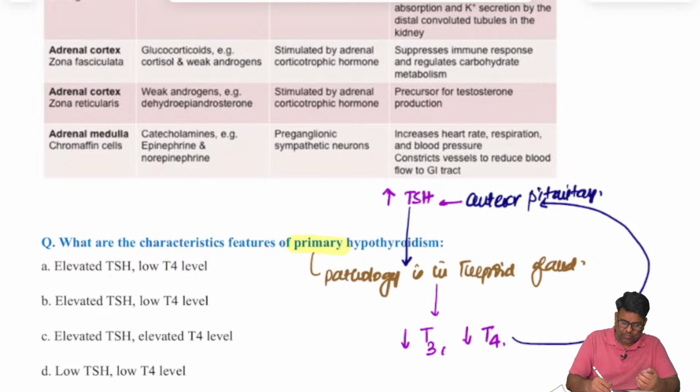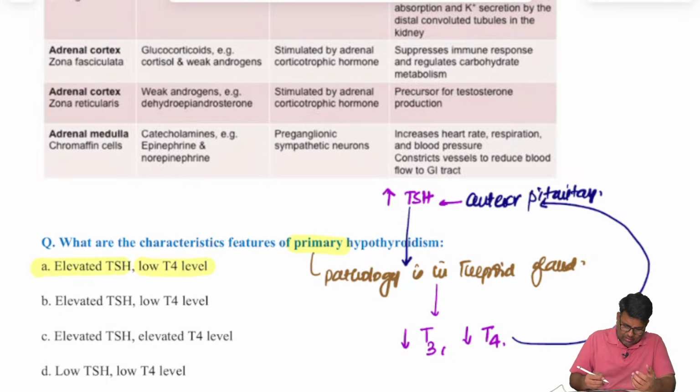So for primary hypothyroidism, the answer would be, I think there should be some change in the options because two options are almost the same. Anyway, you can take elevated TSH, low T4, right?